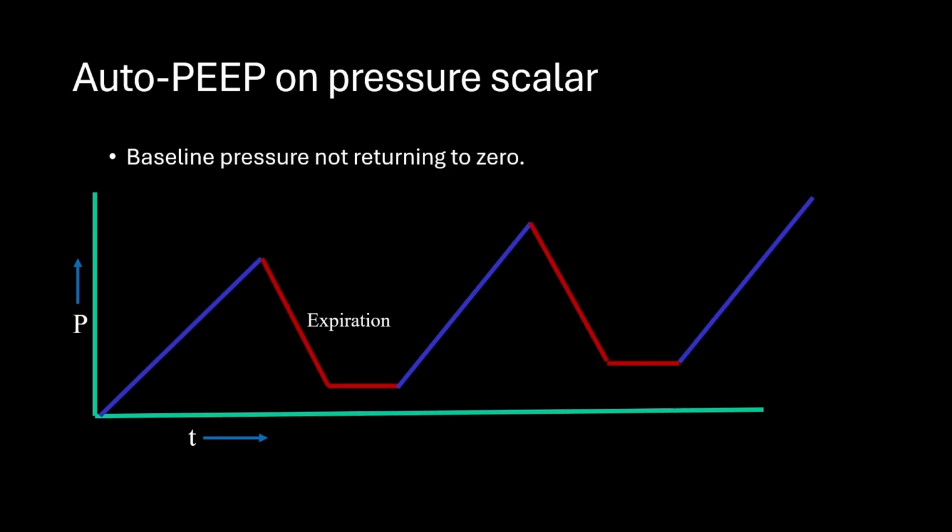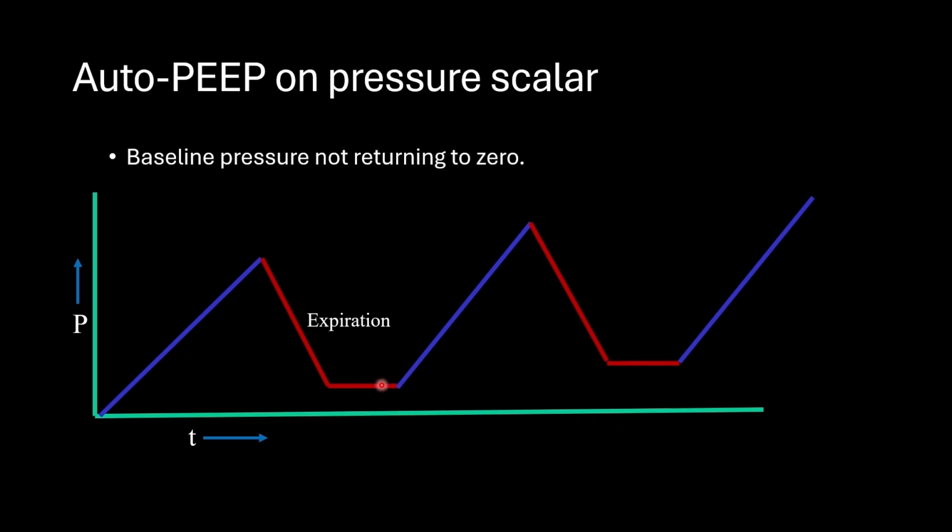To detect auto-PEEP or intrinsic PEEP, usually intrinsic PEEP is detected on the flow time scalar, which is more sensitive than the pressure time scalar. Sometimes in an exam you may be just shown the pressure time scalar and asked what is happening here. If you see this kind of pattern where the expiratory pressure drop is not complete, there is some pressure left at the end of expiration, and it is increasing with each successive breath.